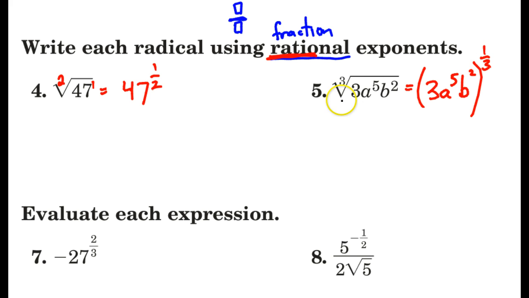So that's the cube root of all of this. And we could take this a step further. You remember we might just multiply these exponents. So we could say, well, this is 3 to the 1, a to the 5th, b to the 2nd. So 1 times 1/3, that's 3 to the 1/3, a to the 5 over 3, b to the 2 over 3.